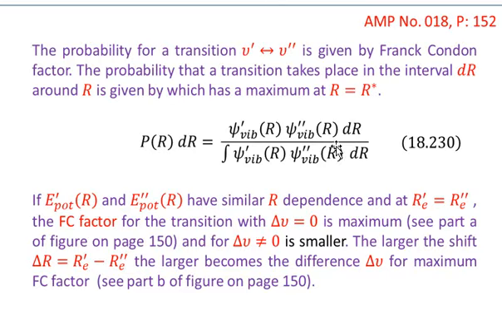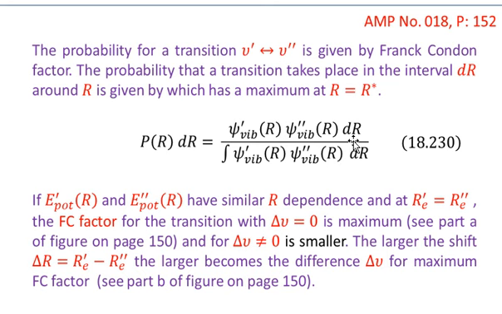And this is given by the integral of the wave function psi single prime of R times psi double prime of R, multiplied by dR. So you see that psi single prime, the vibrational wave function, belongs to the upper electronic state, and psi double prime is the wave function corresponding to the lower vibrational level.